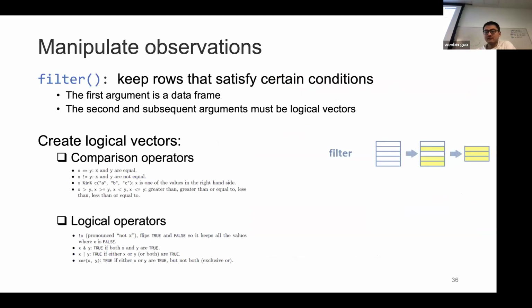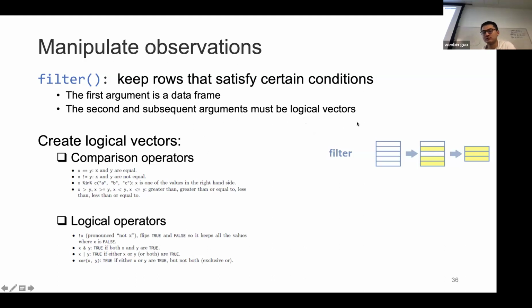So for manipulating observations, the first thing we learn is the filter function, where we try to keep the rows that satisfy certain conditions. The first argument of filter is a data frame, and the second and subsequent arguments are logical vectors. The logical vectors can be something like a comparison.